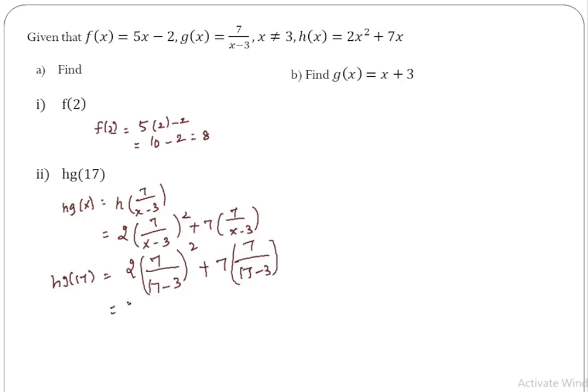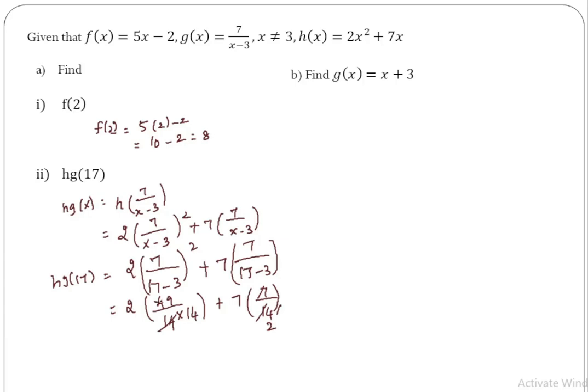Yes. 7 times 7 is 49. In the denominator, 14 times 14 is, okay, 7 over 14. Shall we simplify? Yes, we can. 7 and 14 cancel each other.